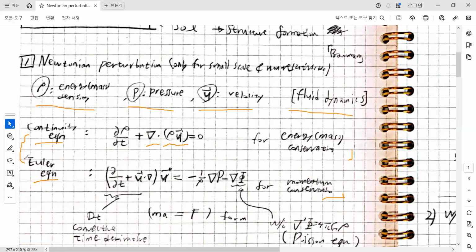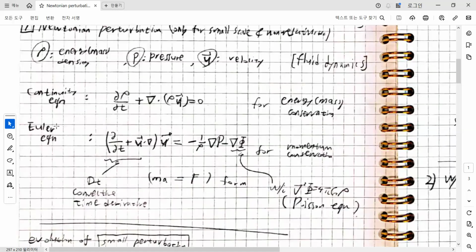Similarly, for the Euler equation, there will be the convective time derivative in terms of the velocity, and this is a form of Newton's second law of force, F equals ma.